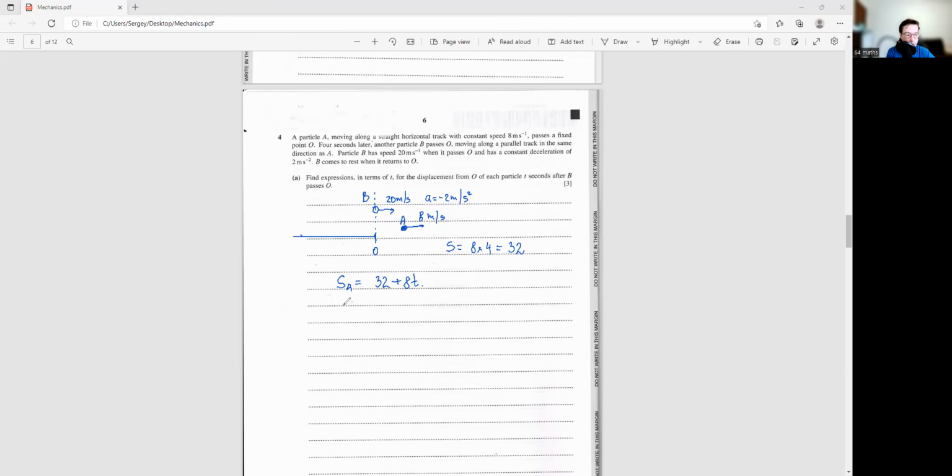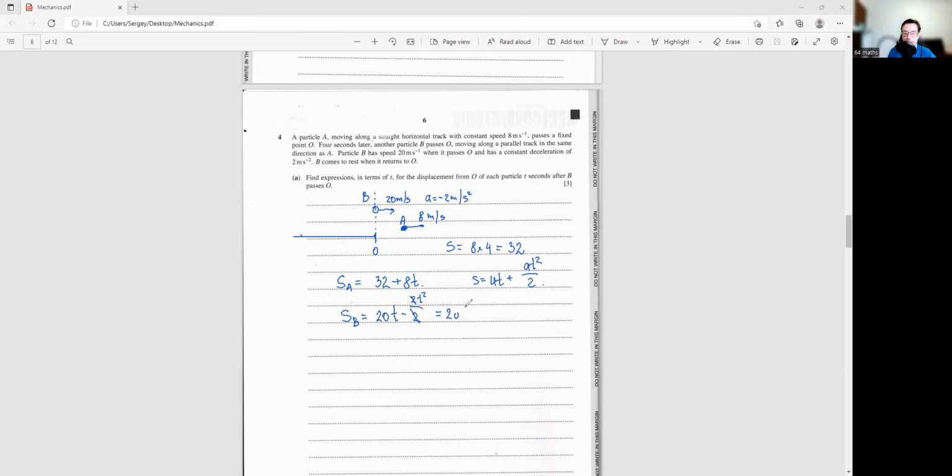Now, for the particle B, we'll have to use SUVAT equations. And the one that I'm going to use is going to be s equals ut plus at squared over 2. So the displacement of B is going to be initial velocity, which is 20, times t minus 2t squared over 2. Let's simplify that.